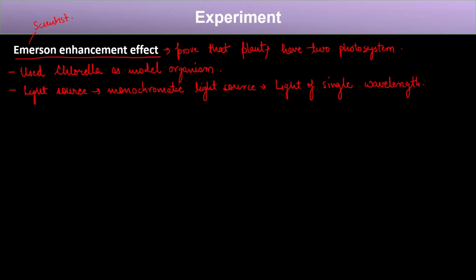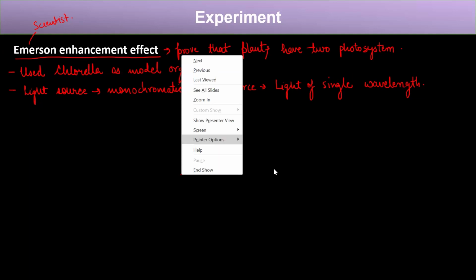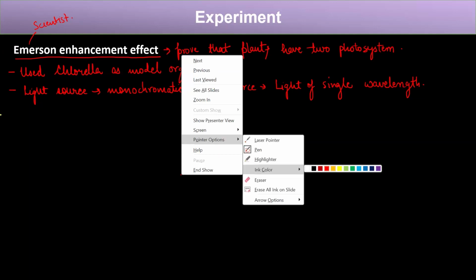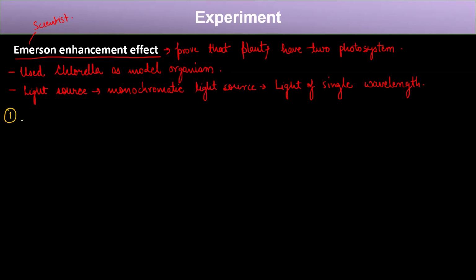Now, this Emerson performed a series of experiments. In the first set of experiments, he gave a light of, say, wavelength 500 nm, and then he looked for the effect. Then he checked the photosynthesis. Then he gave the light of 550 nm, then the light of 600 nm.